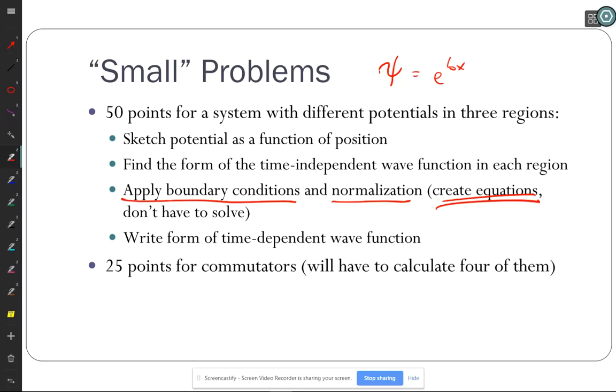So by normalization, you just mean say, oh, this would go to infinity, I can cross out that solution. You do need to do that. You do need to take terms that are going to go to infinity and set them to 0. But otherwise, let's take the normalization. You're going to have, let's say you have 2 regions, because that's the smallest number.